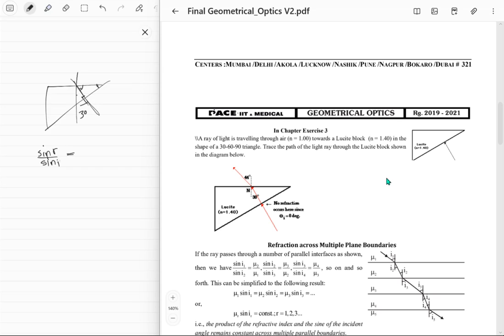Just use theta maybe. Theta upon sine 30 is equal to 1.4. So sine theta is going to be 1 upon 2 of this, which is 0.7. So sine theta is 7 upon 10. No idea, right? Just move on.